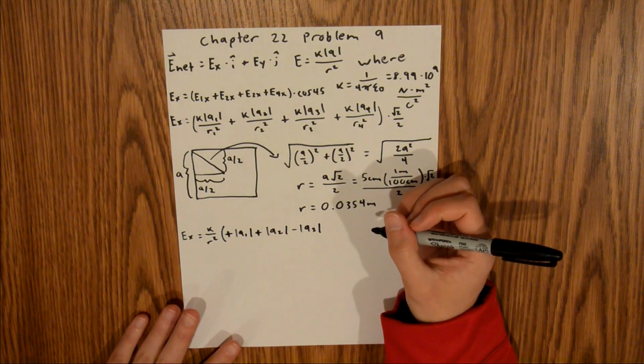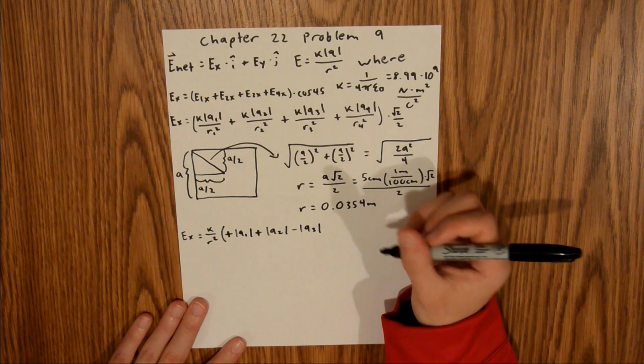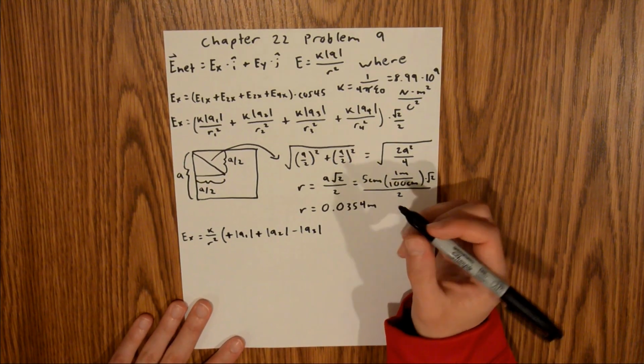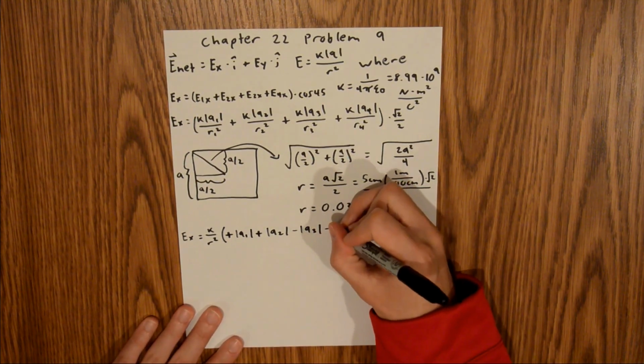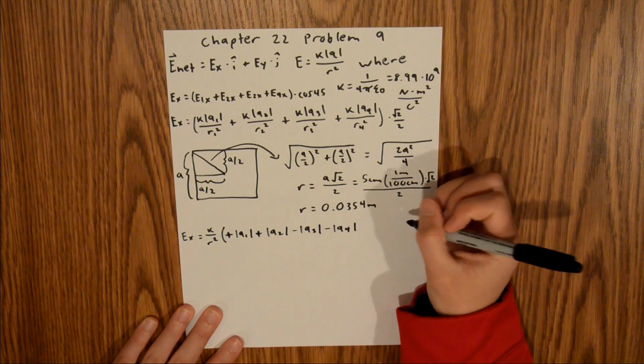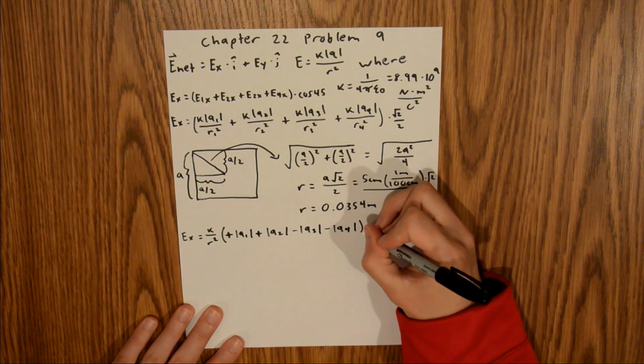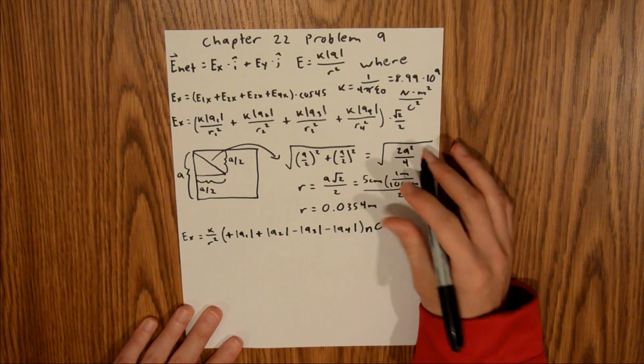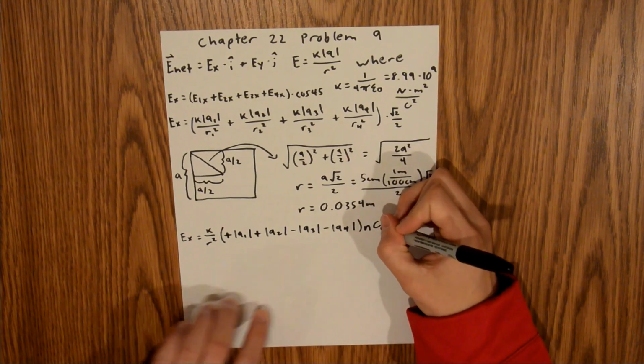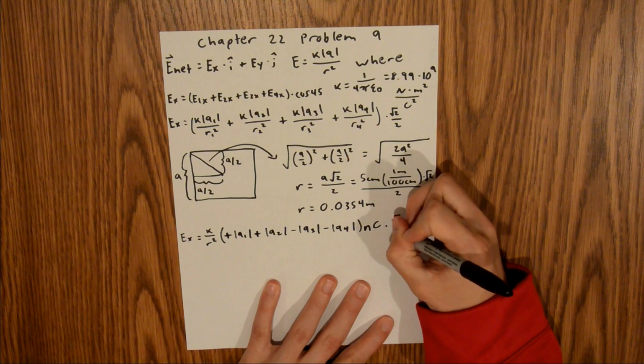And same thing for Q4, it is negative, so the electric field is flowing toward it, which is also in the negative x direction. So negative absolute value Q4, and we're given those in units of nanocoulombs. And then that times the square root of 2 over 2.